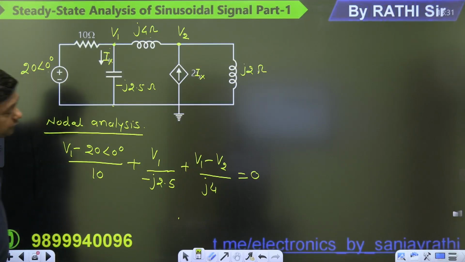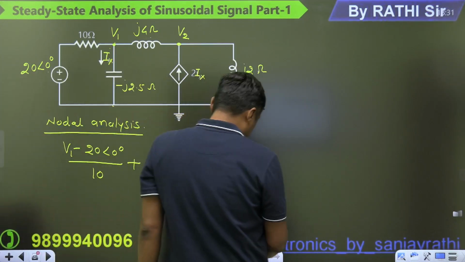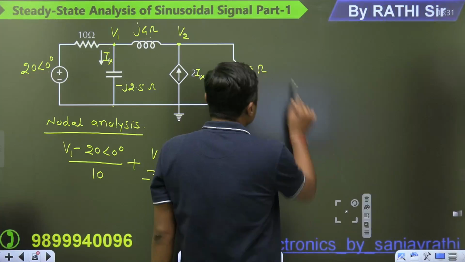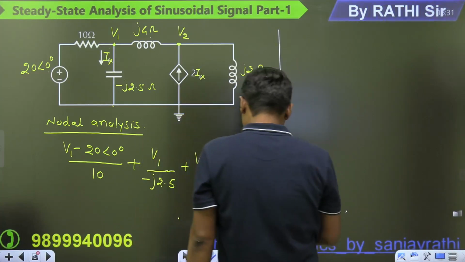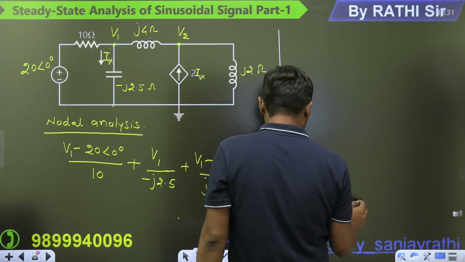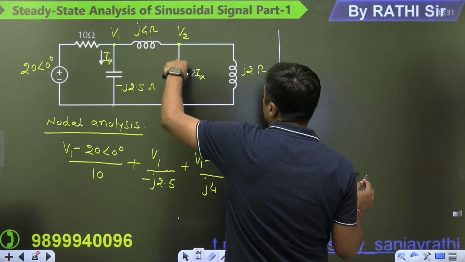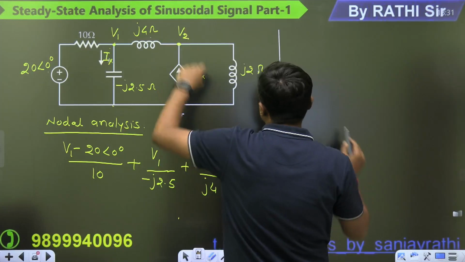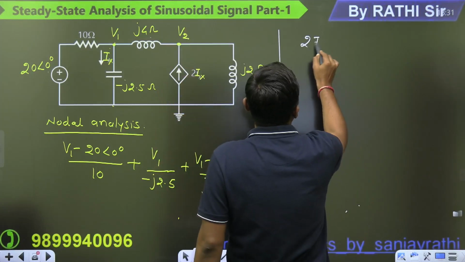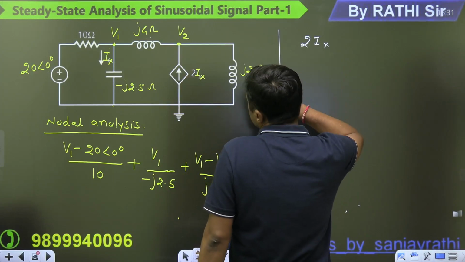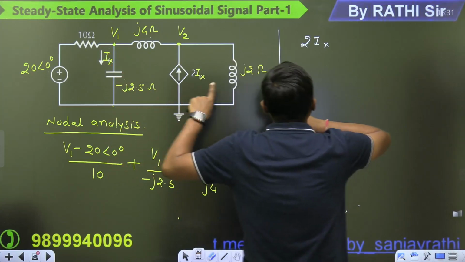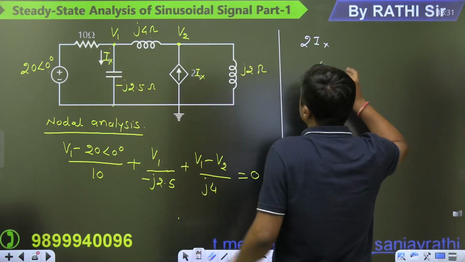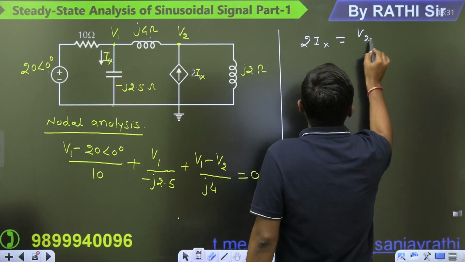Then for the second equation, I am just giving you the hint. Tomorrow we will solve. Second, write down the KCL. What is the incoming current? 2Ix. And what is Ix? Remember, V1 divided by minus J 2.5, so you have to replace it.